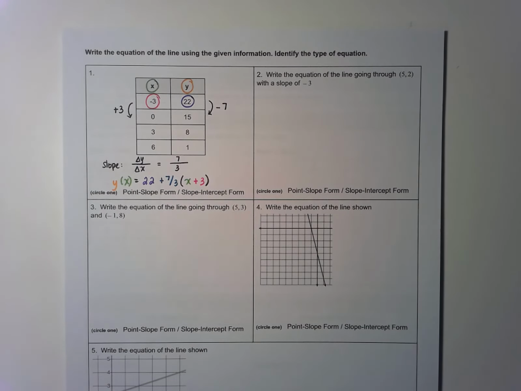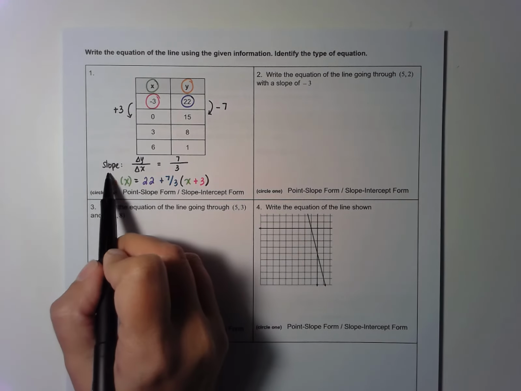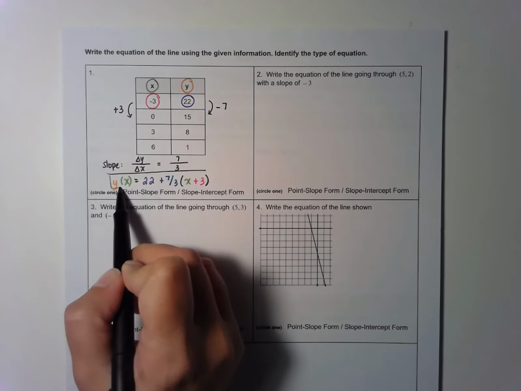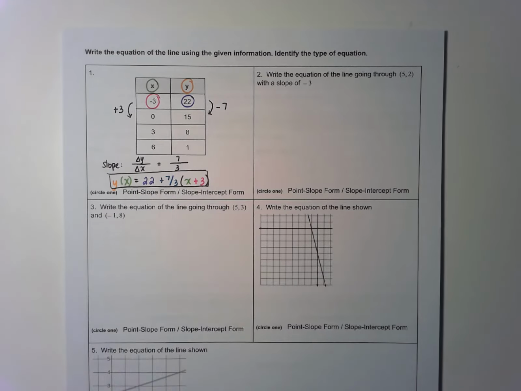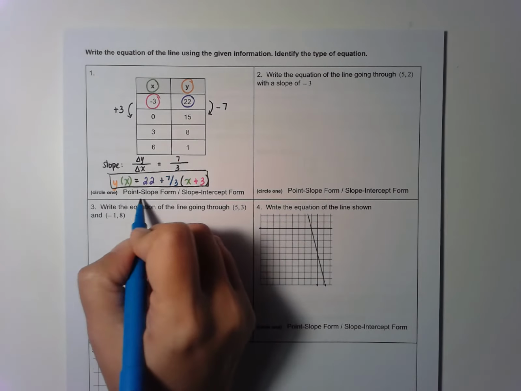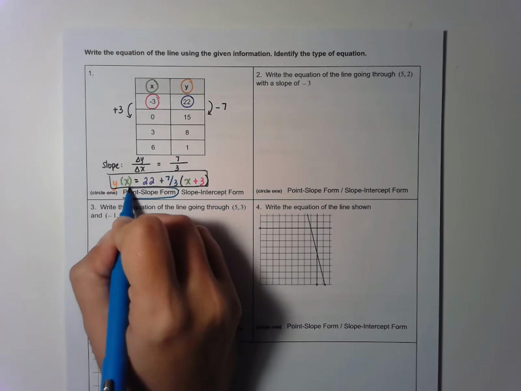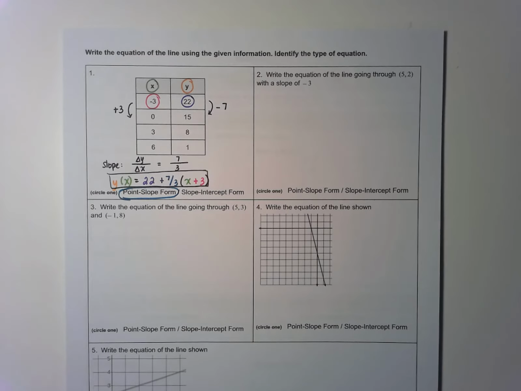Now, because of that adjustment, because we needed to get back to 0, we would call this type of equation point-slope form, because we used some starting point, but not a special starting point where the x was already 0, which we call the y-intercept.